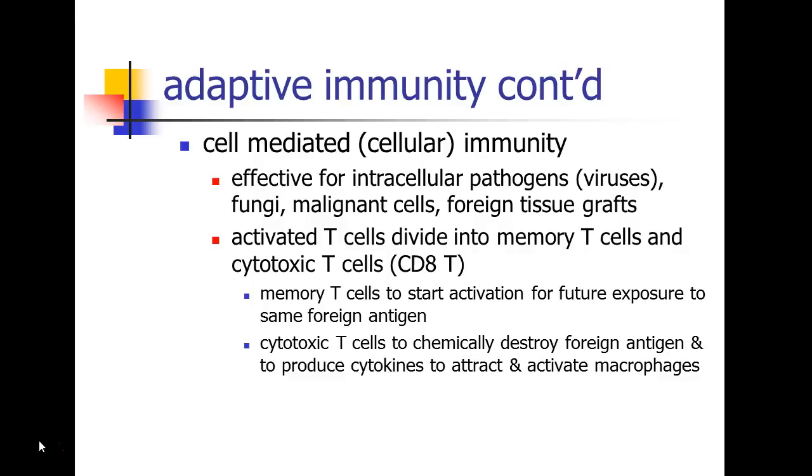The activated T cells then divide into memory T cells and cytotoxic T cells, which are the CD8 Ts. So the memory cells start the activation for future exposure. So like I said, they keep the plan. So there are some of these around that have this plan. And the cytotoxic Ts, on the other hand, chemically destroy the foreign antigen, and they produce cytokines, which also attract and activate macrophages.